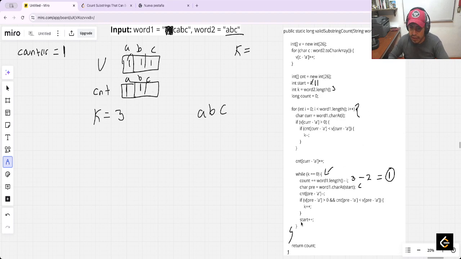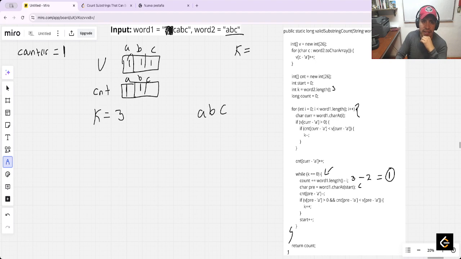Let me check, because I think that maybe this is... no. This start is basically the L, which means that the first time it is 0. At any moment it is updated until the while is executed. In this case it is start. What is the start? Here it's 0. Basically it's the L pointer.